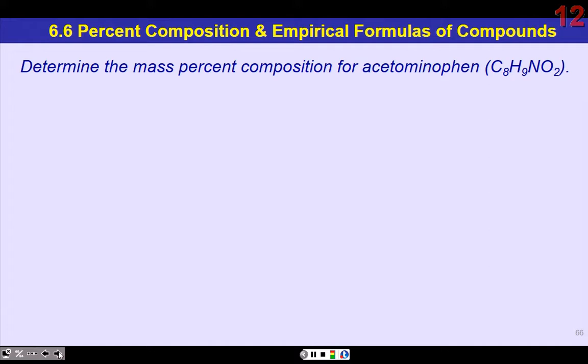To begin with, you have to come up with a molar mass. The molar mass of the compound is going to be 8 times 12, close enough for our sig figs here, for carbon, which is 96, plus 9 times 1 for the hydrogen, and nitrogen is just 14.